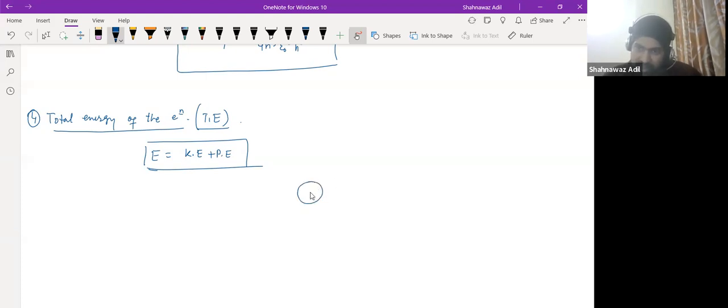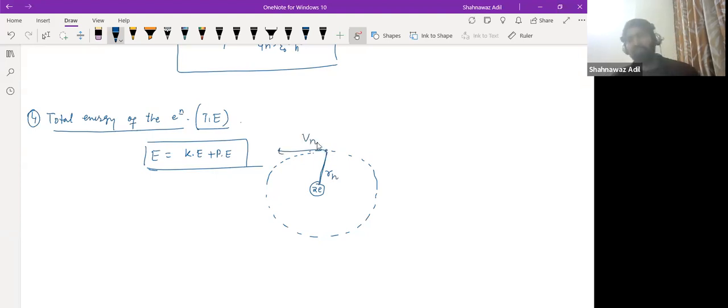So we have this nucleus, which has Ze charge, and this electron is revolving around it. This radius, as we have talked about earlier, is rn, and this velocity is vn, right?